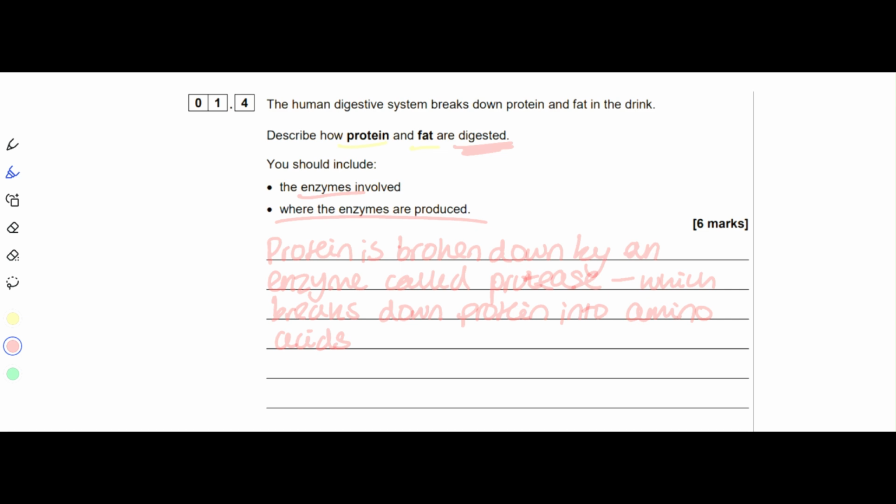So we've already said the enzyme involved. We are now going to say where this enzyme is produced. This enzyme is produced in 3 places: in the stomach, in the pancreas, and in the small intestine.